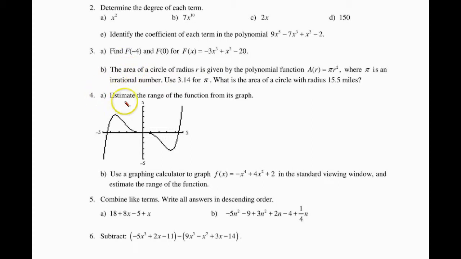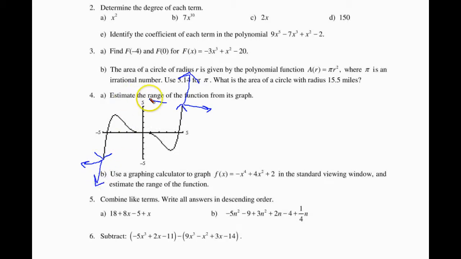Now, here they're asking us to estimate the range of the function from the graph. Well, remember, there is an arrow there, and there is an arrow there. And in a sense, this is going this way eventually, and this is going this way eventually for the domain, but here they're asking for the range, and it's also going up this way and going down that way.